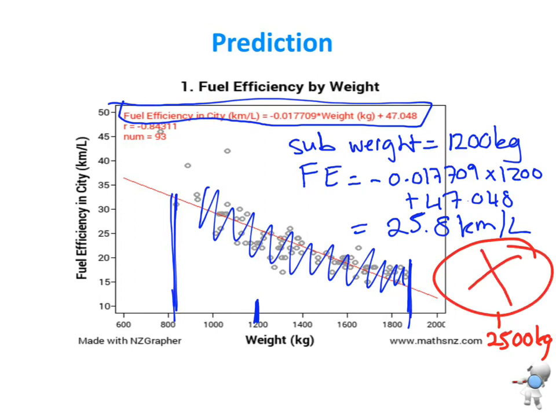So using this equation, while it's a lovely equation, I have no idea whether it will hold going beyond that part. It might be that the graph is going to do something like this, or maybe something like this. I just do not know, and so I don't want to extrapolate beyond the data. I just want to make predictions within the data because I actually have some information about what is happening with the model inside that range.